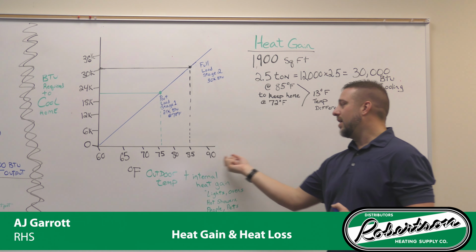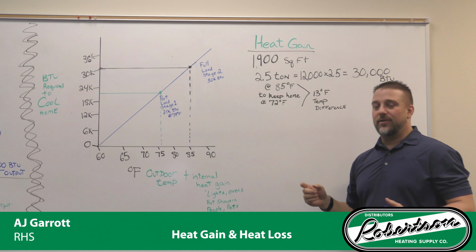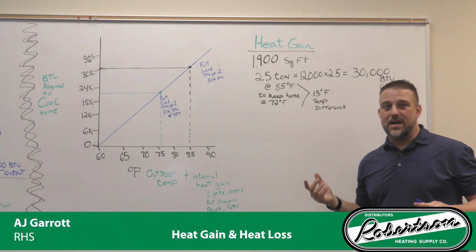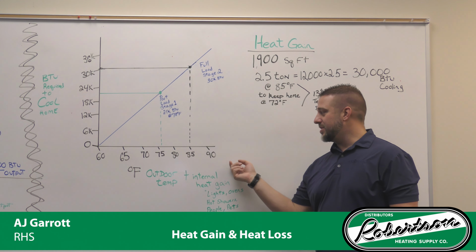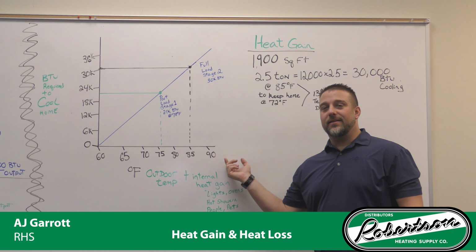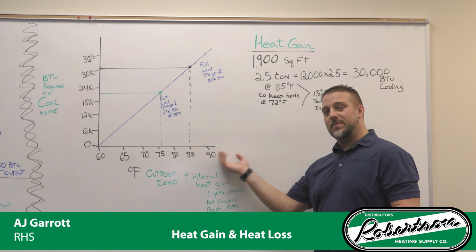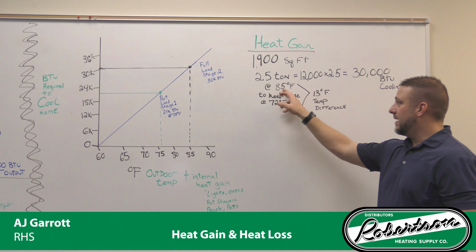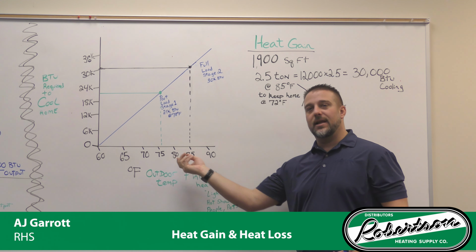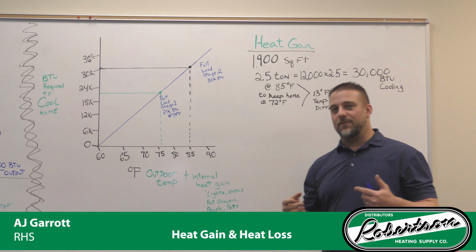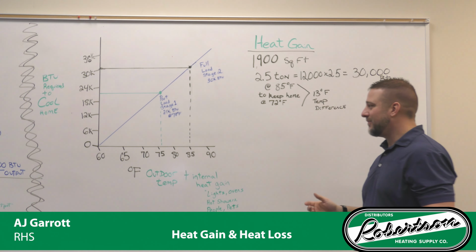So when it becomes maybe 90 degrees outside, we may only satisfy to 76, 77 degrees inside if we're over design temperature. Now your design temperature again depends on the area you're at. If you're in the south, the design temperature may be higher than 85, or if you're in the north, that could be slightly less. But we also have to take into effect dehumidification, which is for a different topic.